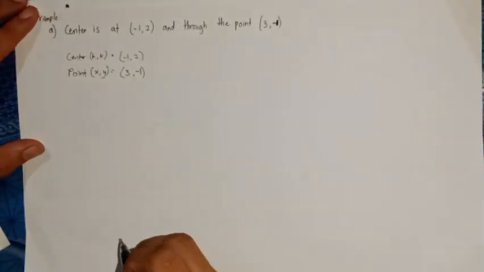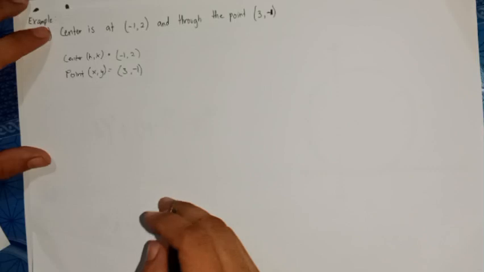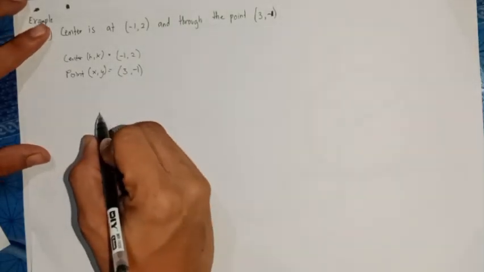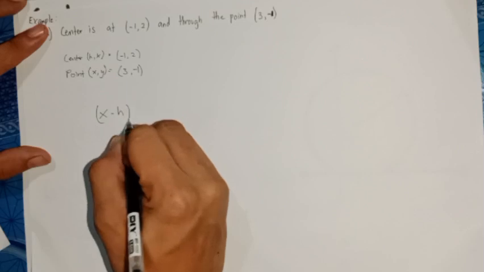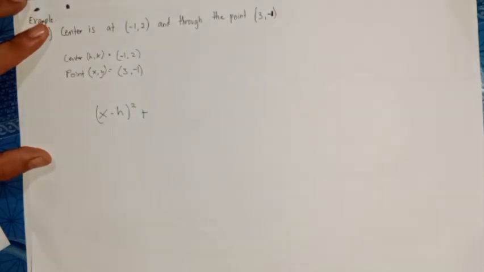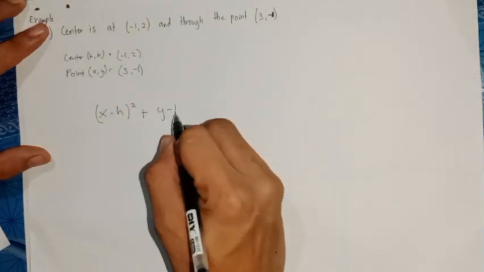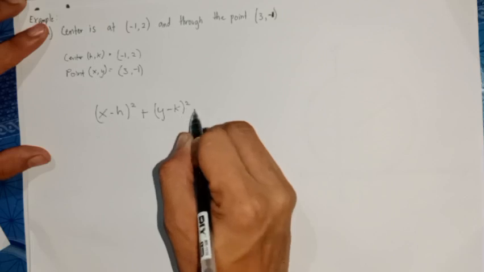Now, remember that the standard equation of a circle is (x minus h) squared plus (y minus k) squared is equal to r squared.